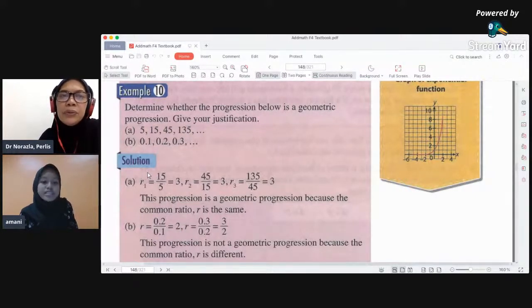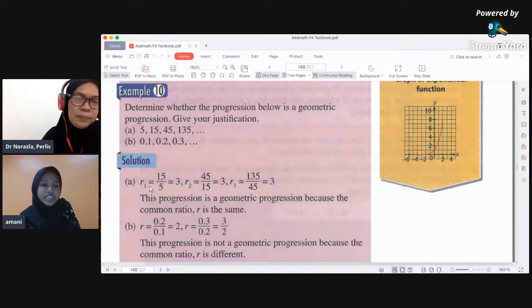If you get an equal common ratio for all terms, that is a geometric progression because the common ratio is the same. Okay, continue with example 10b.